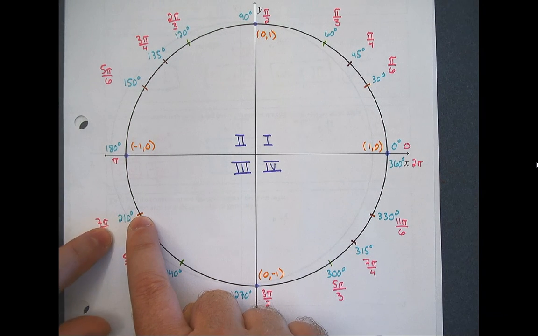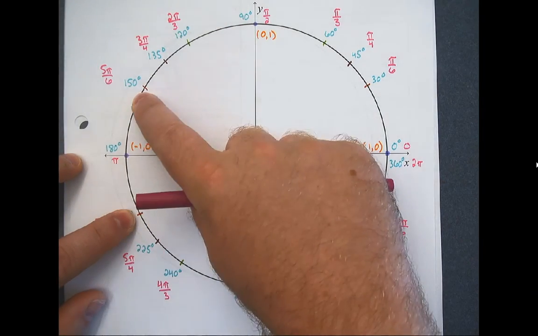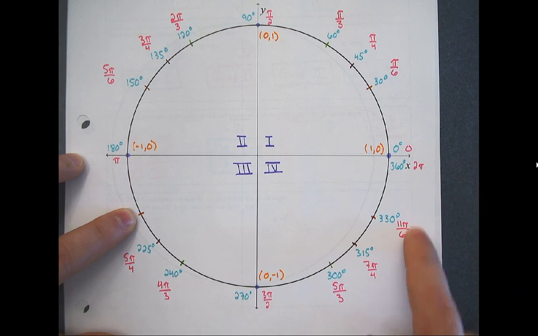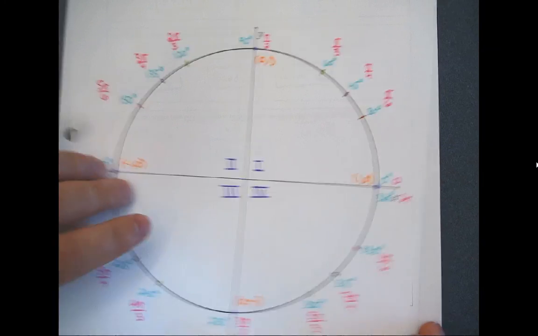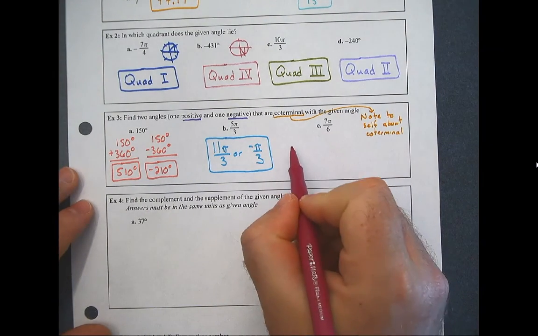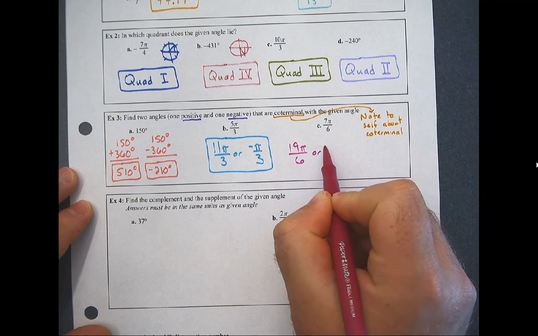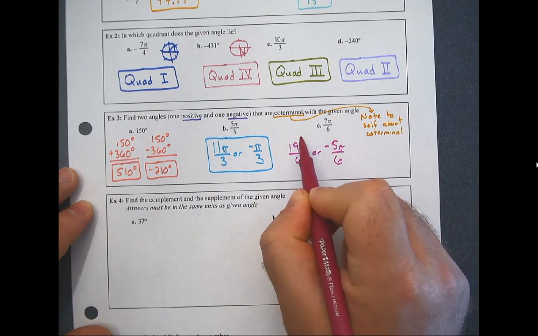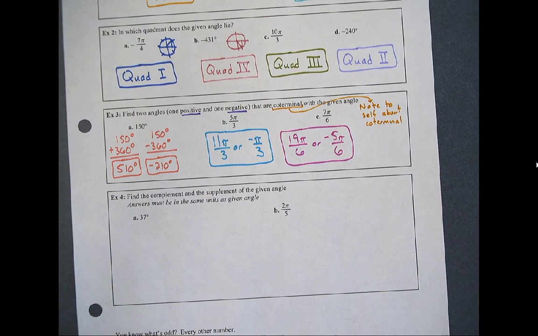Or I can start at 7 and count backwards. 7, 6, 5, 4, 3, 2, 1, 0, negative 1, negative 2, negative 3, negative 4, negative 5. So 19 pi over 6 or negative 5 pi over 6 are coterminal with 7 pi over 6.